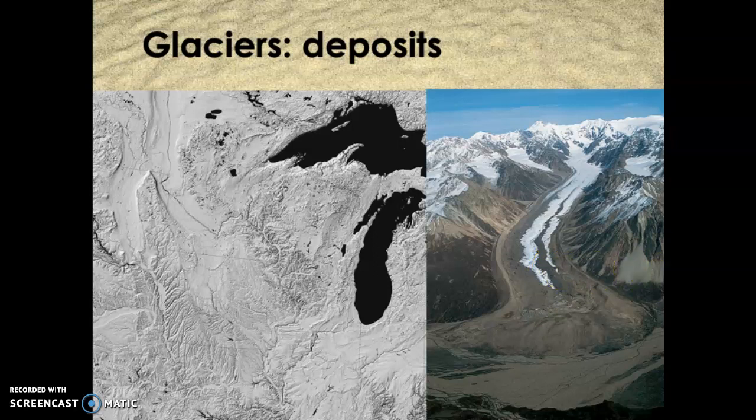You can see that pile of material in the middle of this mountain glacier here. That material is called a medial moraine because it's in the middle of the ice. How does it get there? Well, if you have two tributary glaciers coming together, the flow of the ice just goes down the valley.